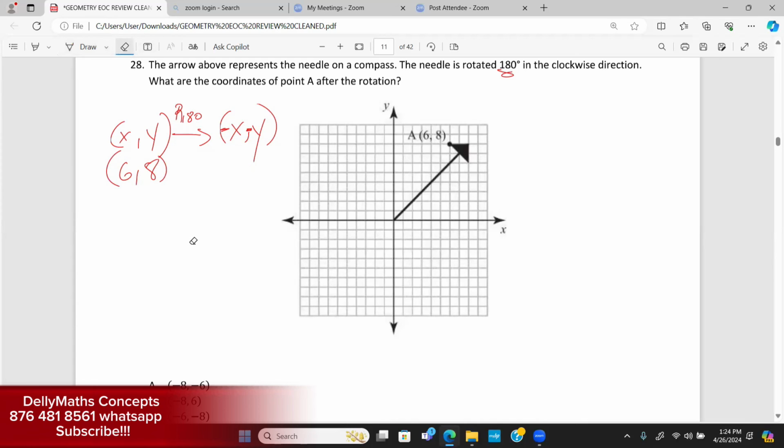I think I said the wrong thing. If I had a positive 6, positive 8, it's going to be negative 6, negative 8. So in other words, the sign will change. If it were negative, it becomes positive, positive becomes negative. I had two positive numbers here, so I'm going to get negative 6, negative 8. I'm looking for that, and the answer is C.